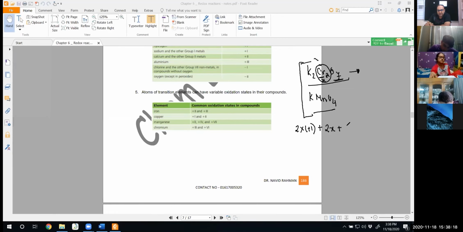So it's 7 into -2, is equal to 0. So +2 plus twice X minus 14 is equal to 0. Twice X is equal to +12. X is equal to +6.